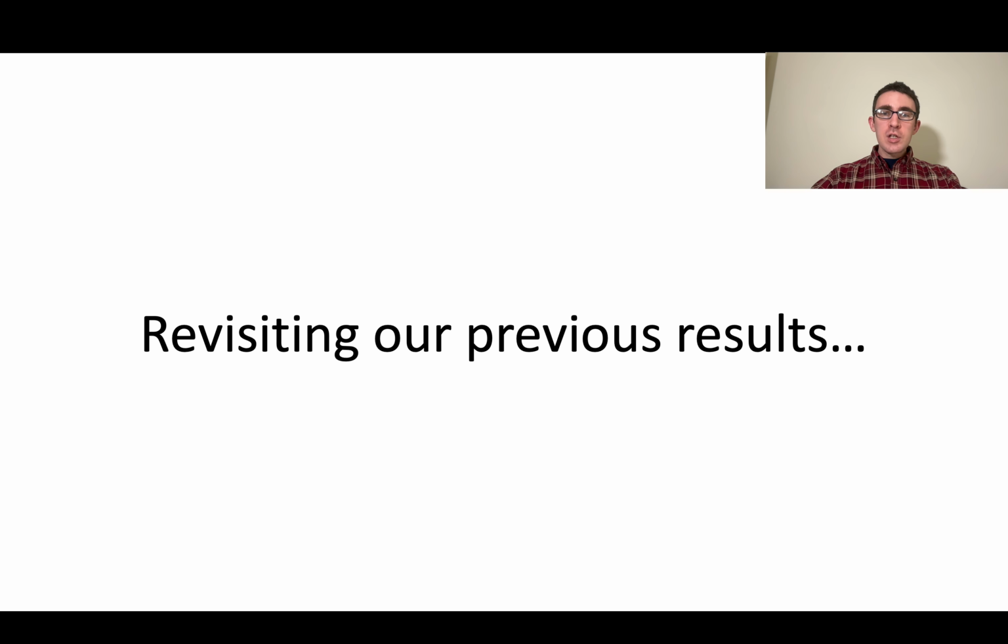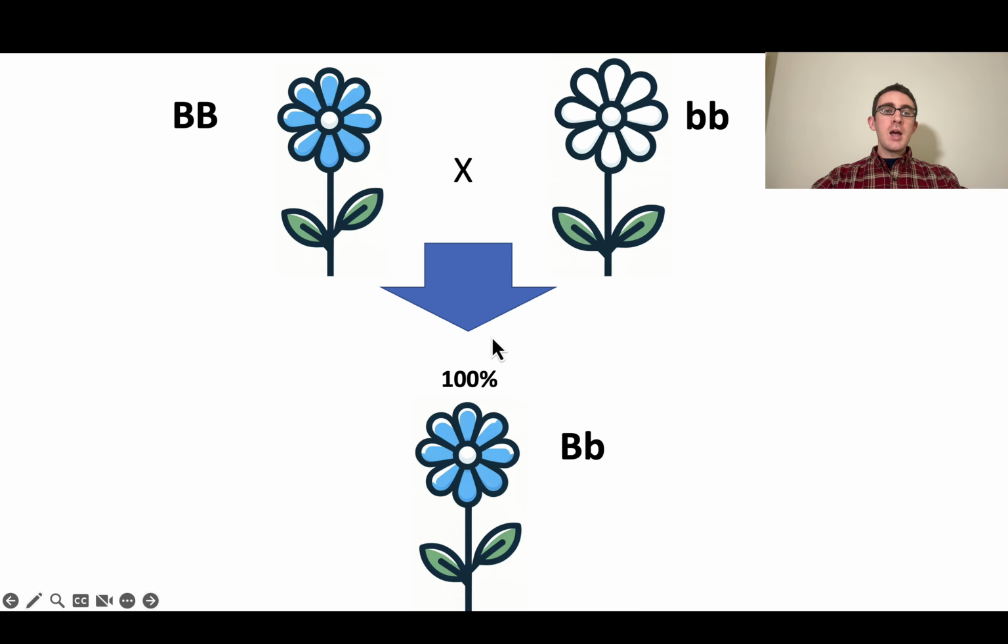So now that we have this model, we can revisit our previous results, and now they don't seem so strange. This is the same as the previous slides, except now I've put some notation about the genotypes of these flowers we're crossing. The first cross was between a blue flower with two blue alleles and a white flower with two white alleles.